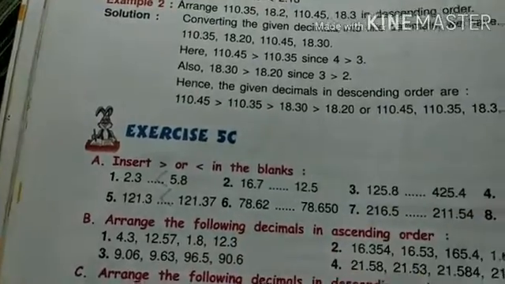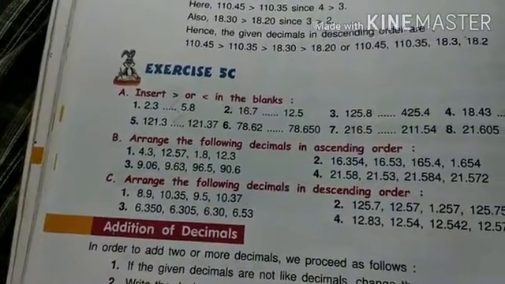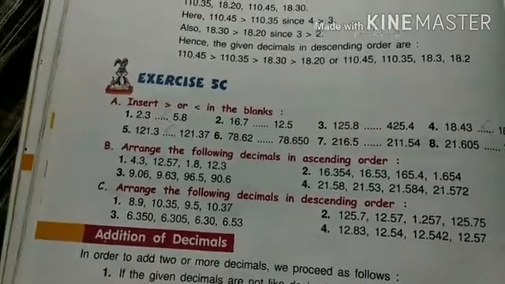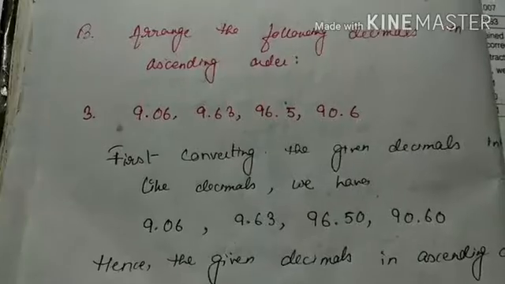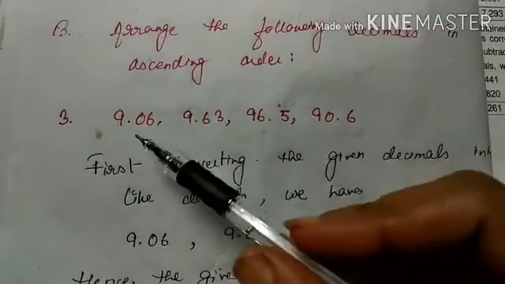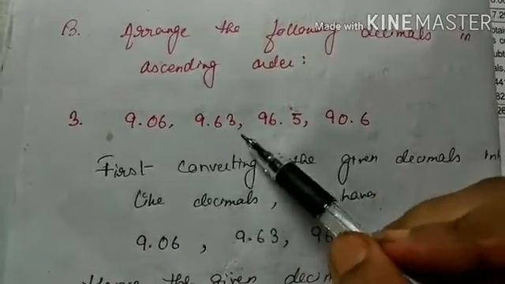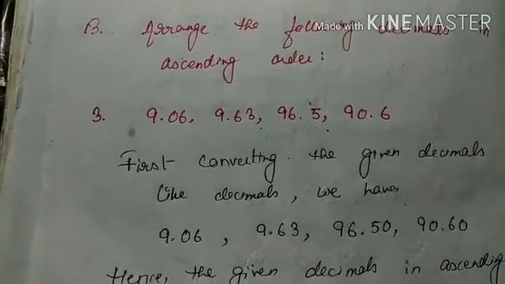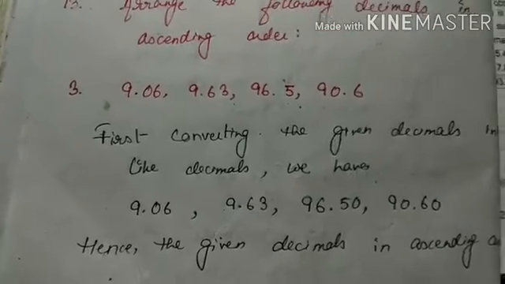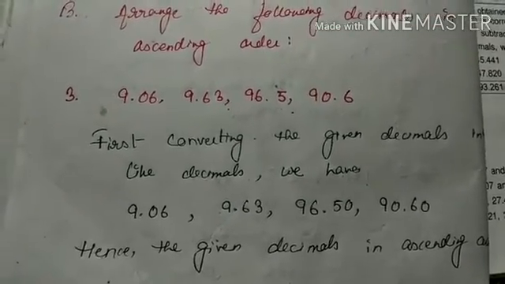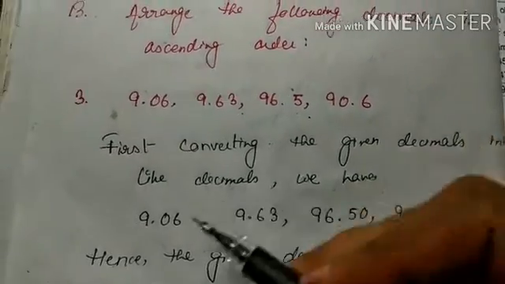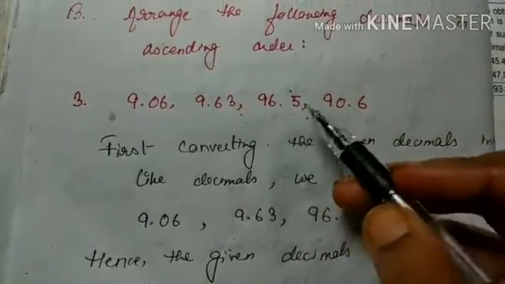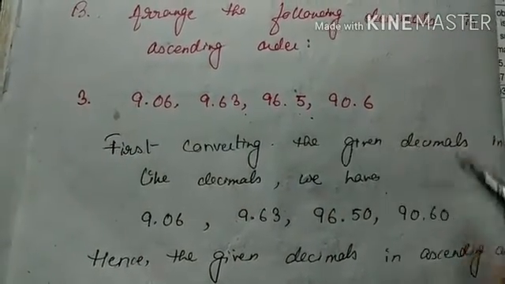Now arrange the following decimals in ascending order, in increasing order. Number 3: 9.06, 9.63, 96.5 and 90.6. First, converting the given decimals into like decimals, we have 9.06, 9.63, 96.50 and 90.60.